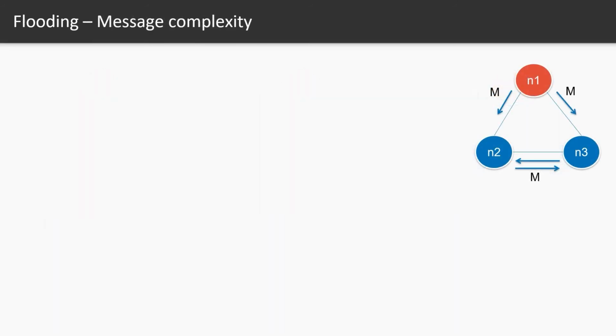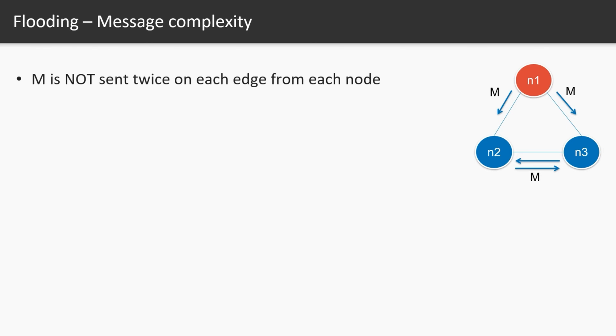Now studying the message complexity, or in other words, how many times a message M travels in a network until the execution stops. So we know that each node does not send a message M more than once on each edge.